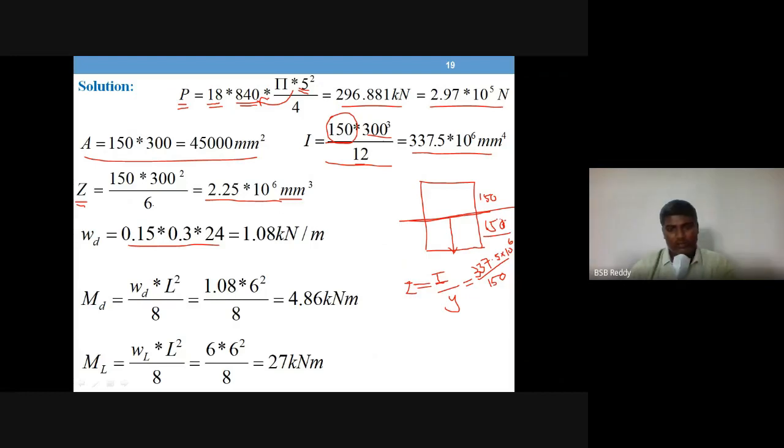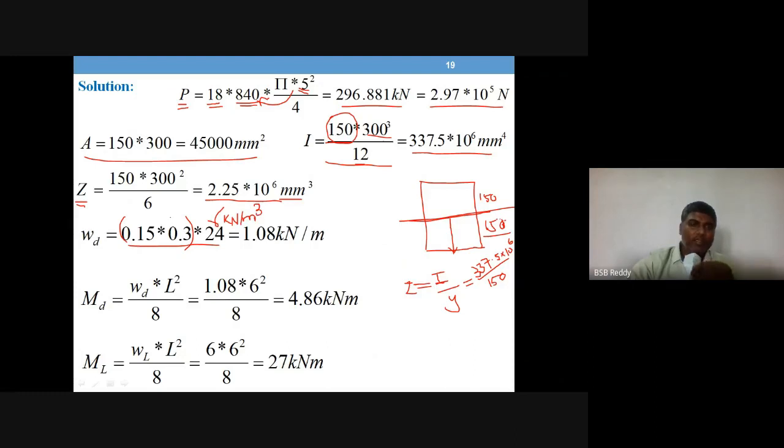Dead load, you have to calculate from gamma given to you, which is kilonewton per meter cube, into area in meter square. Meter cube and meter square combined become kilonewton per meter. So multiplying gamma with the cross section gives you the weight of the beam per meter.